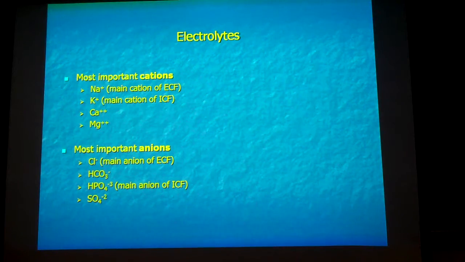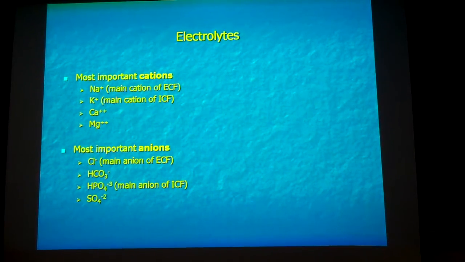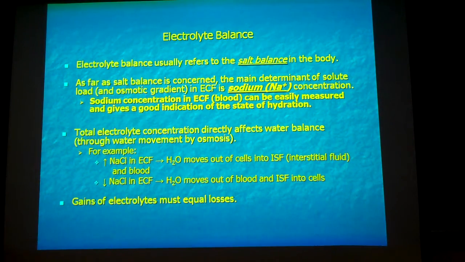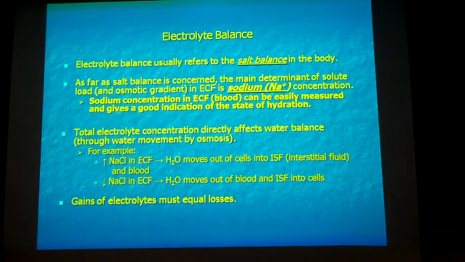All right, so the most important cations, what's a cation? An ion with a positive charge, are these. The most important anions, of course anions would be ions with a negative charge, are these, right here. Now, I didn't tell you that with water balance, our gains need to equal our losses.